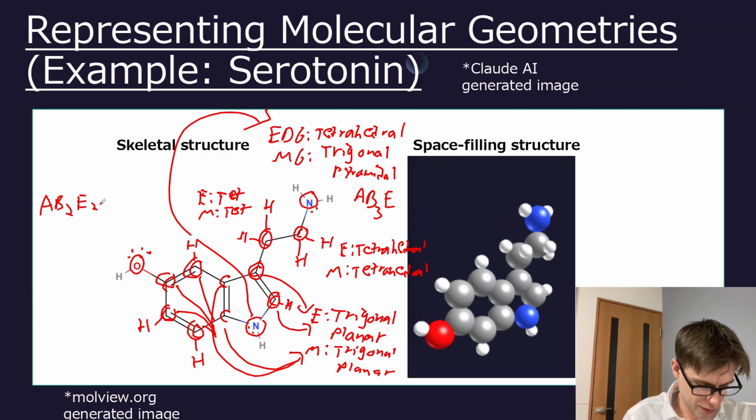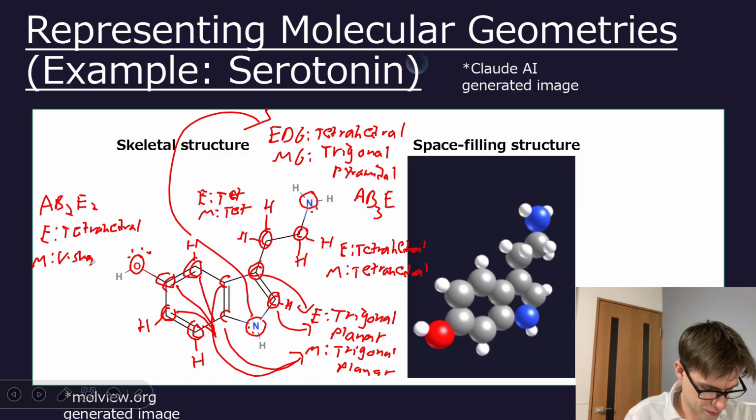The label for that is electron domain geometry tetrahedral, 4 total. And molecular geometry V shape, less than 109.5 angle version.